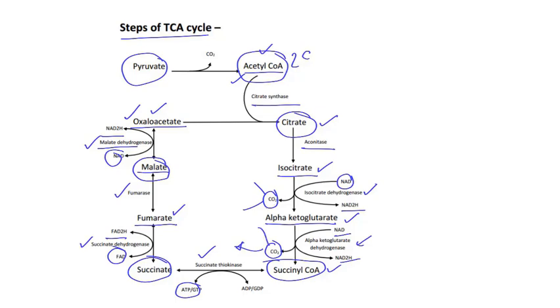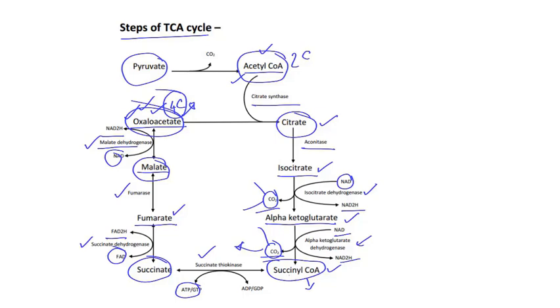After the removal of two carbon dioxide molecules, we can find four carbon molecule containing succinyl-CoA. Here, the oxaloacetate is also four carbon molecule containing particle. So, through the successive steps, succinyl-CoA produces oxaloacetate, which is four carbon molecule containing group.